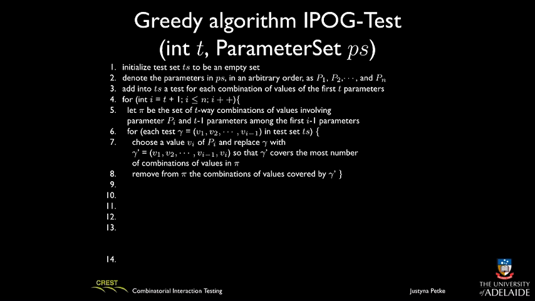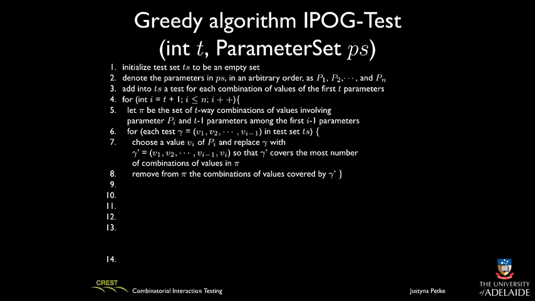Remember, we are already at 3, so 2 plus 1 is 3. So we look at 3. So choose a value vi for that third parameter and replace the combination that we have, where we insert this one value vi, so that the newly created gamma prime covers the most number of combinations in pi.